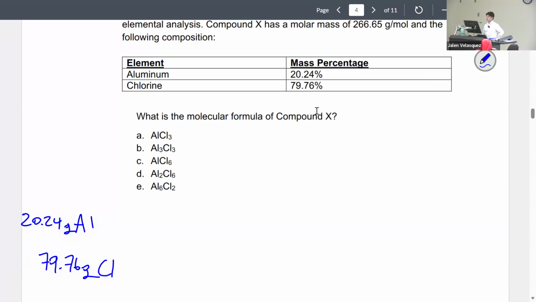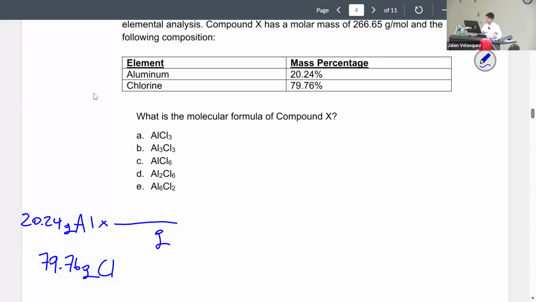So you convert your percentages into grams. From there, just like she said, we're converting from grams to moles, right? So what do we have to use to convert from grams to moles? The molar mass, right?